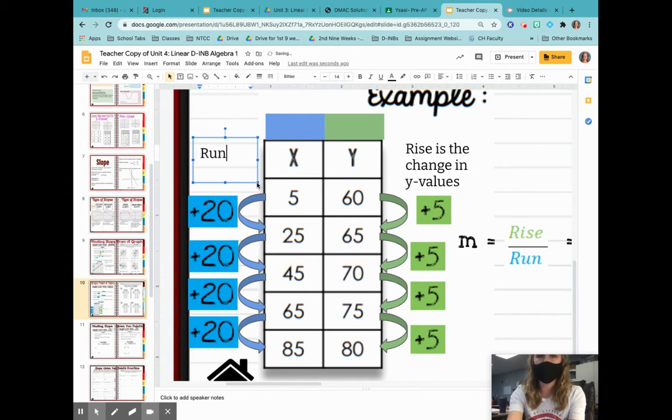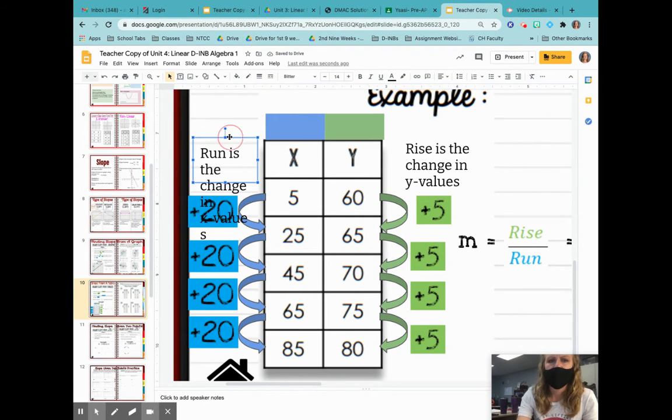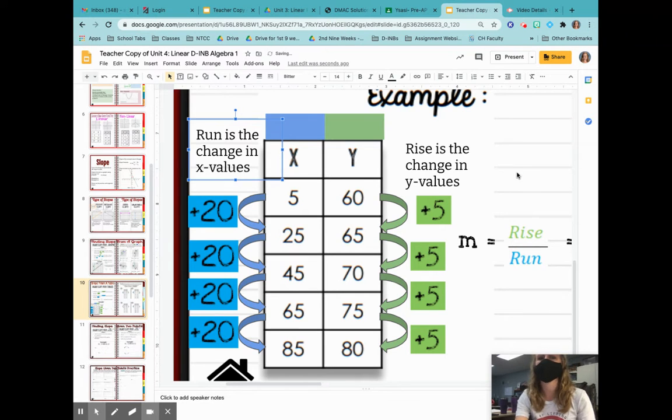The run is going to be the change in x values. There we go. So our slope written as a fraction will be rise over run.